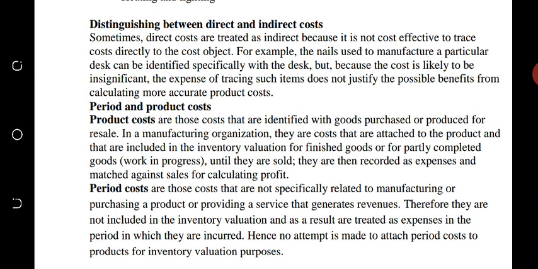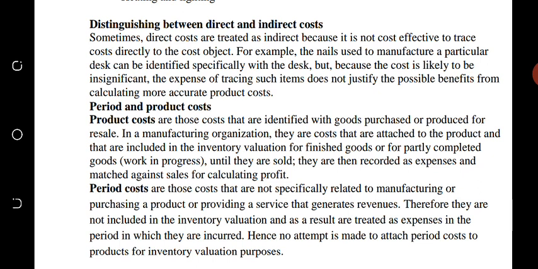In a manufacturing organization, they are costs that are attached to the product and included in the inventory valuation for finished goods or partly complete goods, that is work in progress, until they are sold. They are then recorded as expenses and matched against sales for calculating profit.